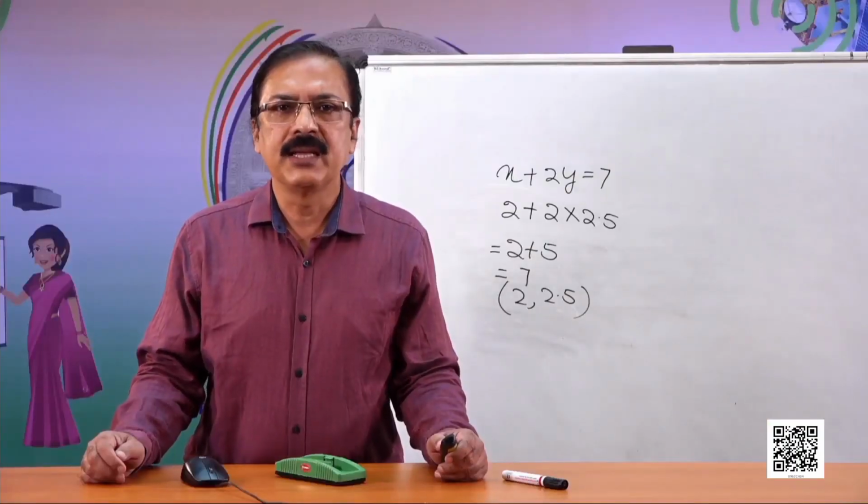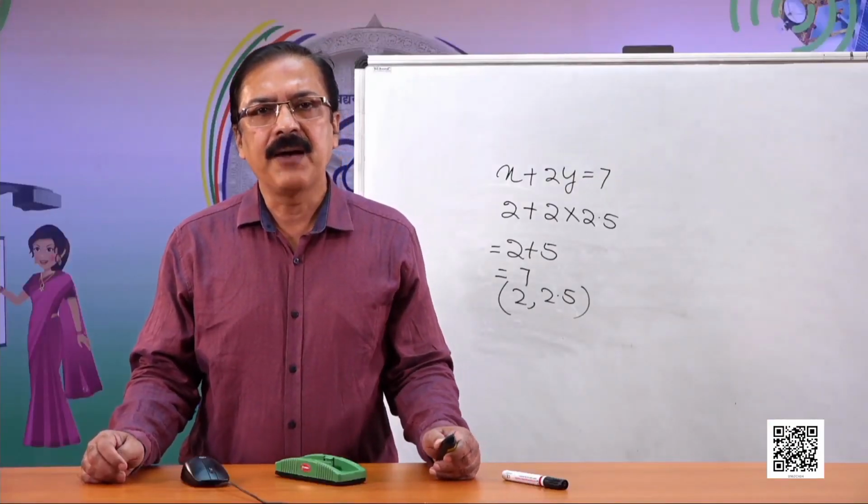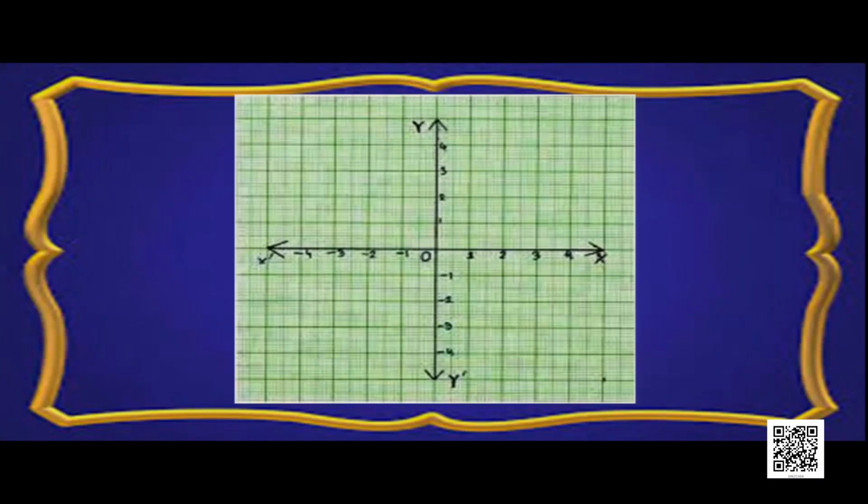Now let's see, this is the graph. In this graph, we have taken the scale as 1 centimeter as 1 unit. The first point is 1, 2. That means when x is 1, y is 2. When x is minus 1, y is minus 2.